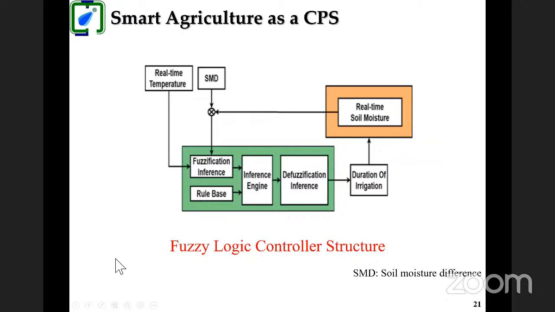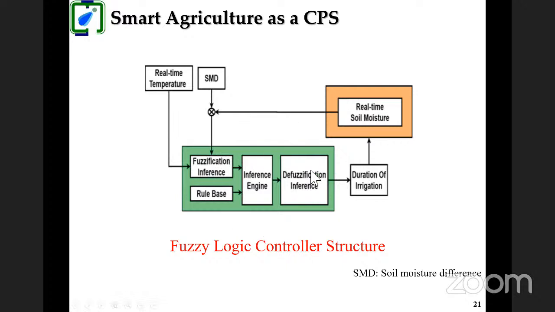Then the architecture of the fuzzy logic controller: this green color one is our fuzzy logic controller, which will have a fuzzification interface, a rule-based system, an inference engine, and a defuzzification interface. The inference engine will convert the fuzzy inference into a defuzzified output. So we get the real-time temperature, and we also get the soil moisture difference, that means the difference between the desired and the actual soil moisture.